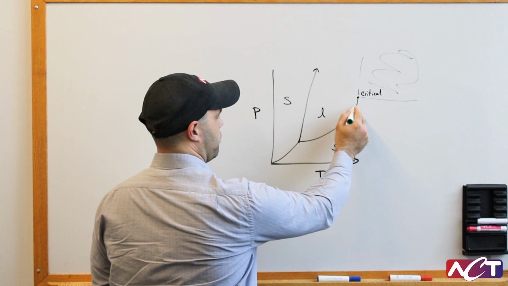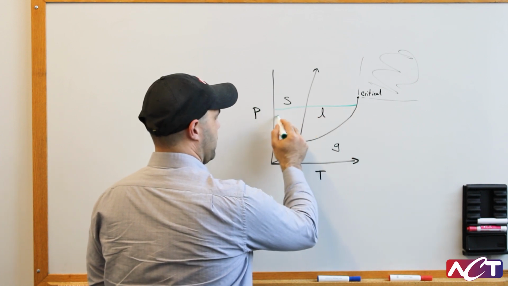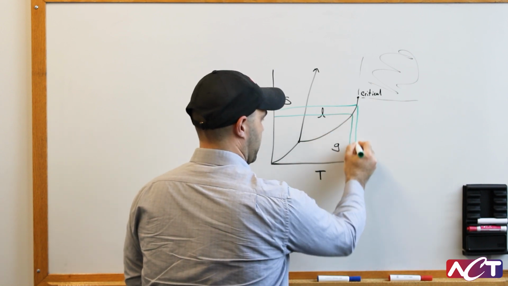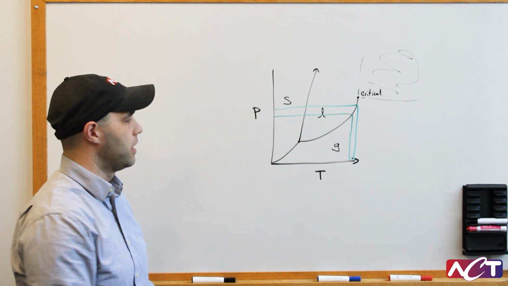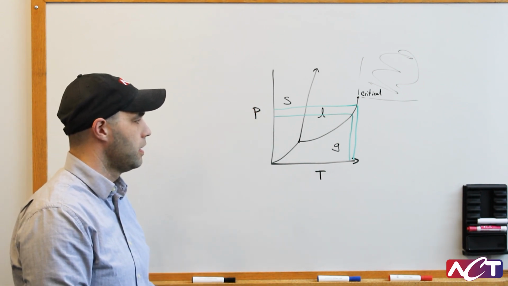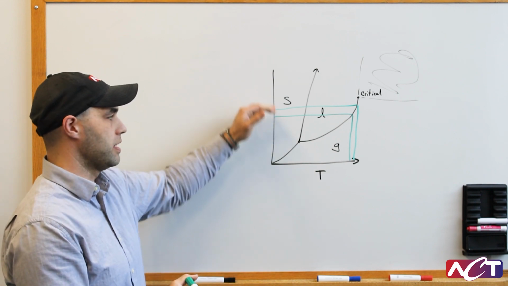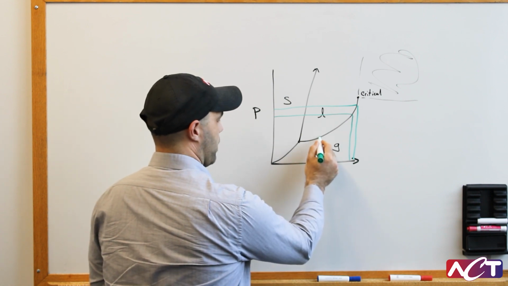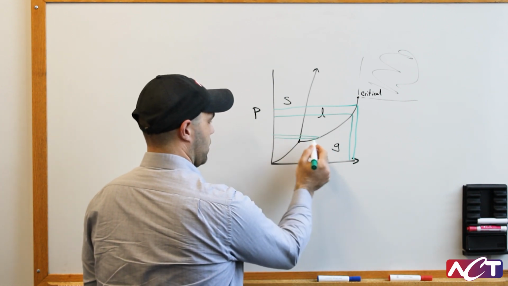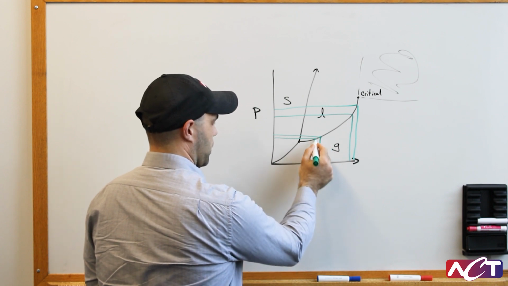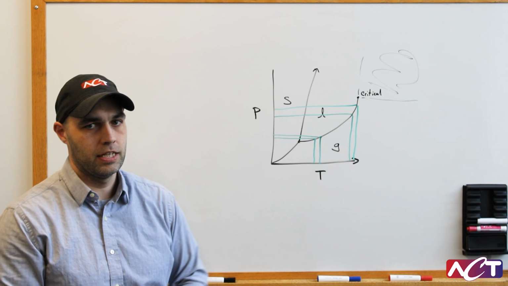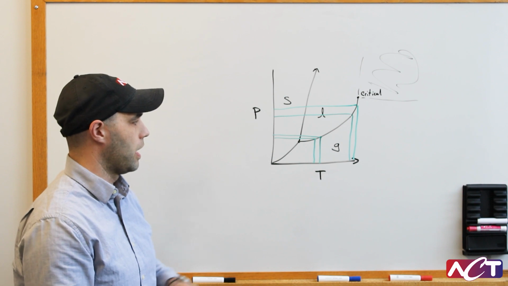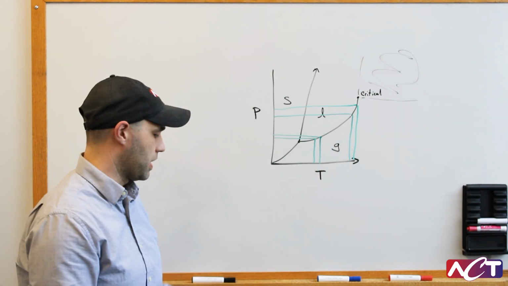So if you're out here on this part of the curve, you could have a fairly large change in pressure that would result in a fairly small change in temperature. At that point, you can adjust that pressure within this band and have very small temperature changes. If you're down here on the curve, very small pressure fluctuations will result in much larger temperature changes due to the slope of that curve. So we want to be up on this portion of the curve, and all that is going to depend on what temperature your application is actually at.